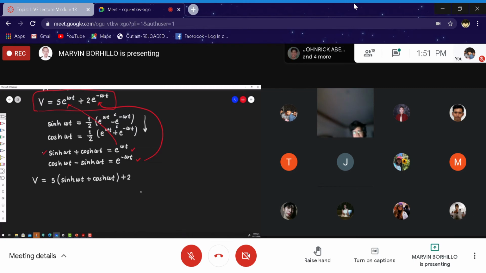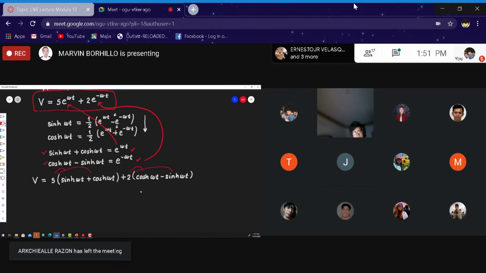Plus 2 yung kabila naman, isa naman to, hyperbolic cosine omega t minus hyperbolic sine omega t. So, ang like terms will be, kung dinistribute natin yung 5, no? At yung 2.